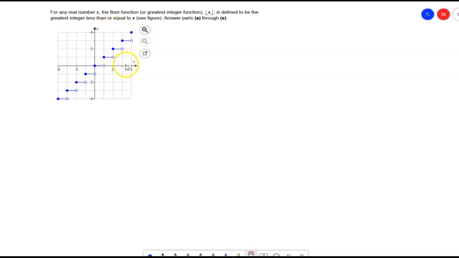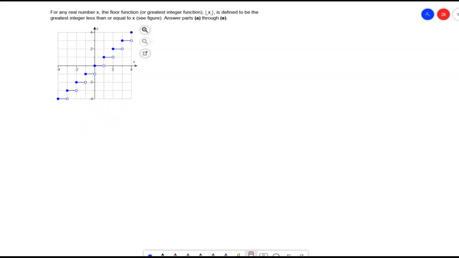If we look at 3.2 here and go straight up, sure enough, that value is 3. And it stays 3 all the way until we get to 4. As soon as we get to 4, it jumps up to the y value of 4. And this is true for every value.